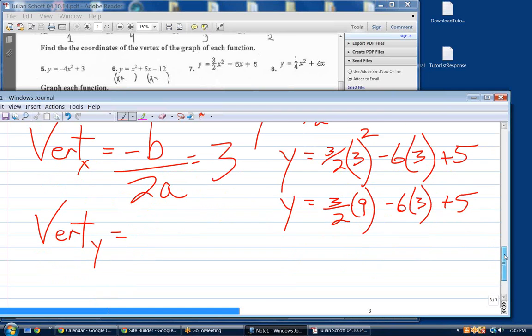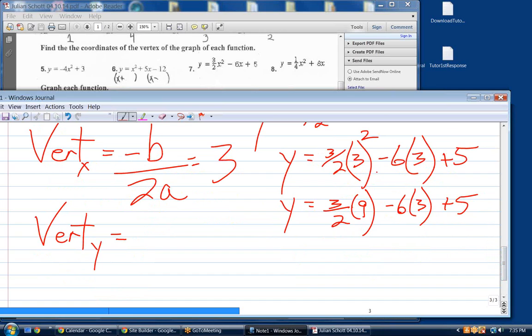Well, I haven't really done much. The only thing I got rid of was the exponent. Now let's get rid of the parentheses. What's 3/2 times 9? Is it 27/18? No. 9 is 9 over 1. 27/2. There you go.